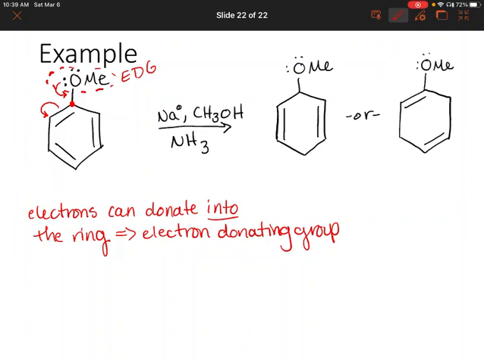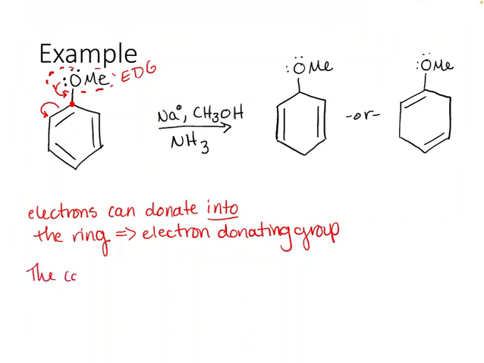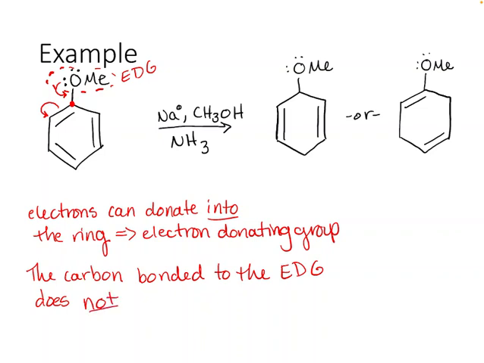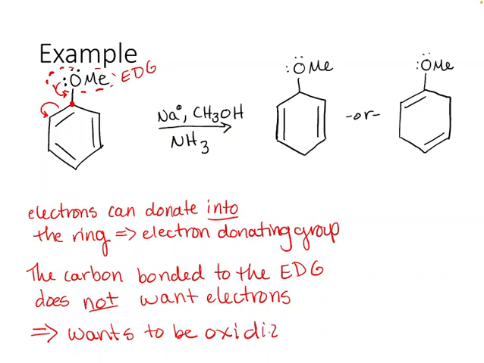Okay, so that means that the carbon bonded to the EDG does not want electrons because it already has electrons. Which means that it would want to be oxidized or maintain its oxidation number.